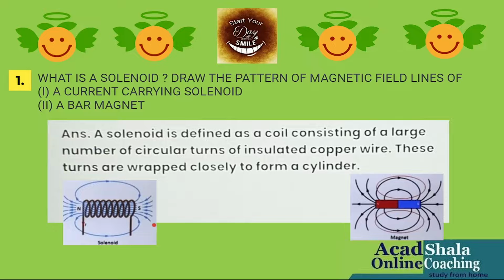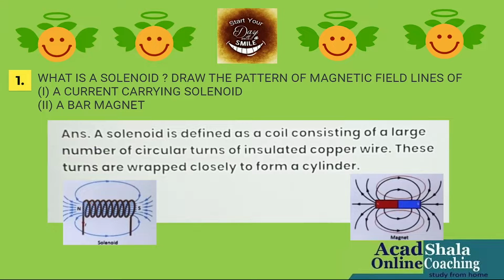And you should also know that the magnetic lines, children, from where are they emerging? You are seeing the north and the south pole in both the diagrams, yes or no? Yes, you are watching over here. So, the magnetic lines will emerge from the north pole, and where will it go? It will terminate at the south pole.